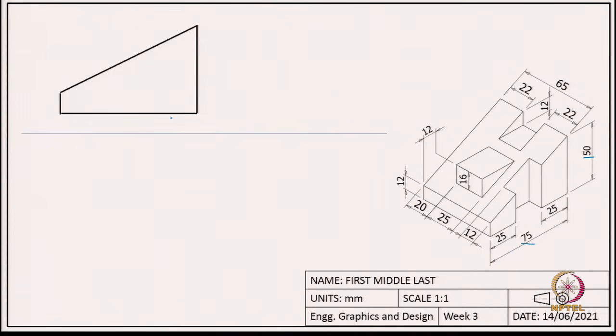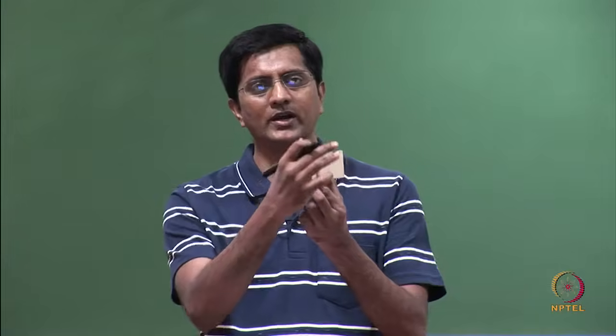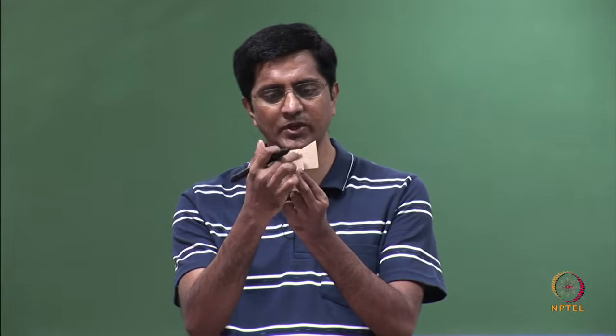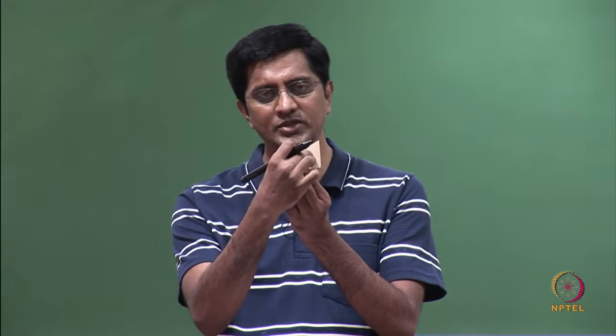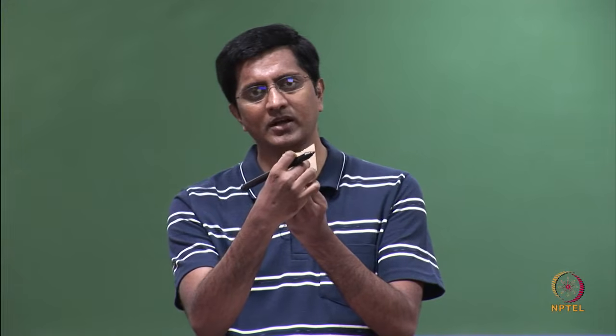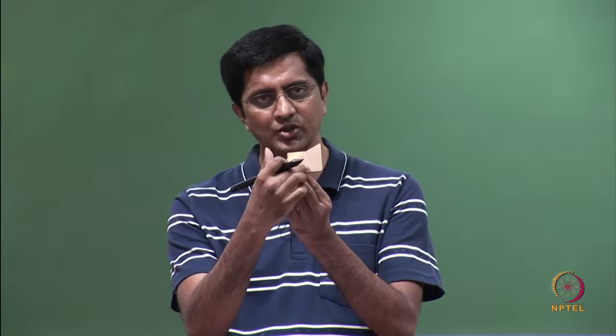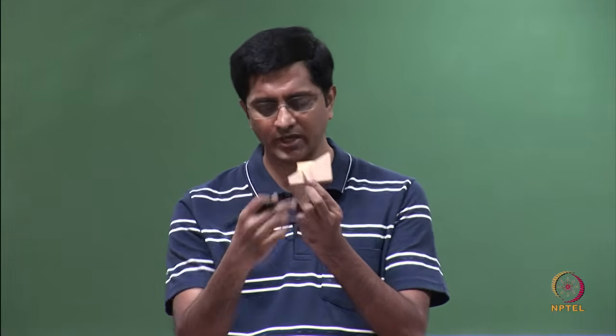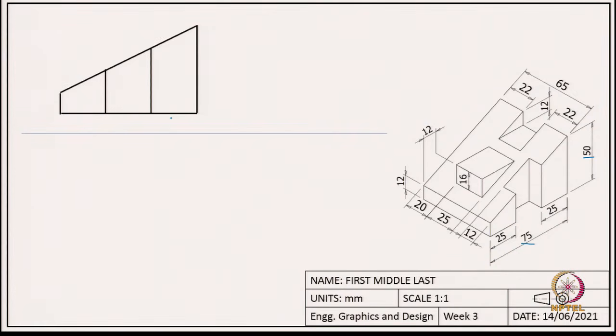Now we have the outline of this object, but is that everything we see? We also see these edges, because there are 2 surfaces meeting at an edge, and we need to show this edge. We see edges 1 and 2 and since we know the dimensions, we can draw those two edges.